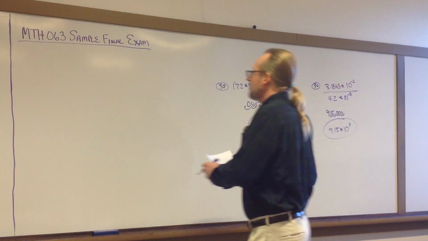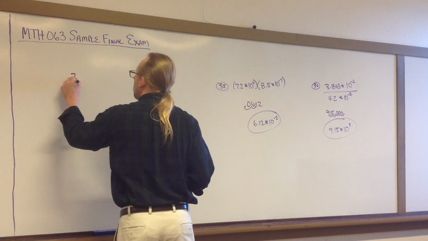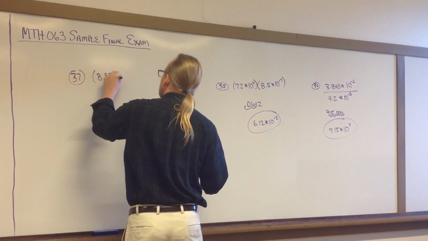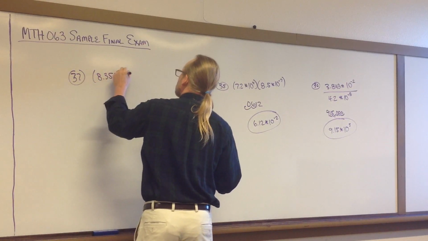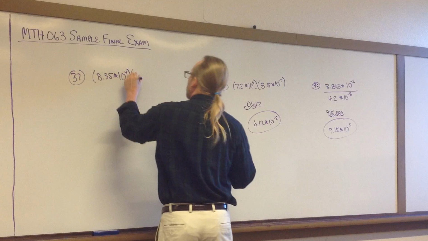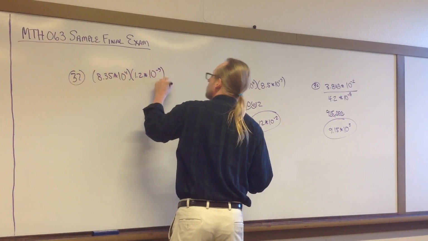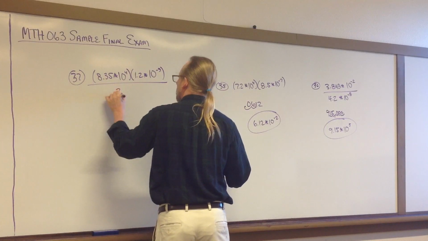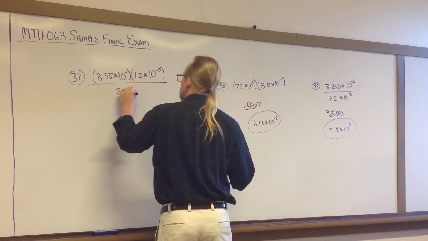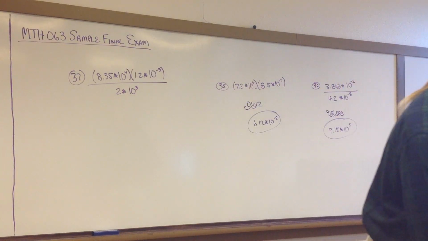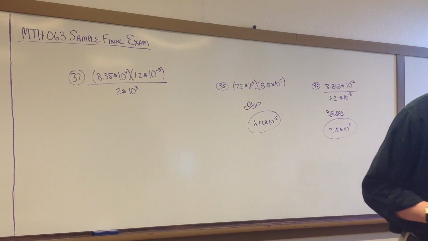Okay, let's see, problem 37. 8.35 times 10 to the 4th, 1.2 times 10 to the negative 9th, and then we're dividing by 2 times 10 to the third. Okay.